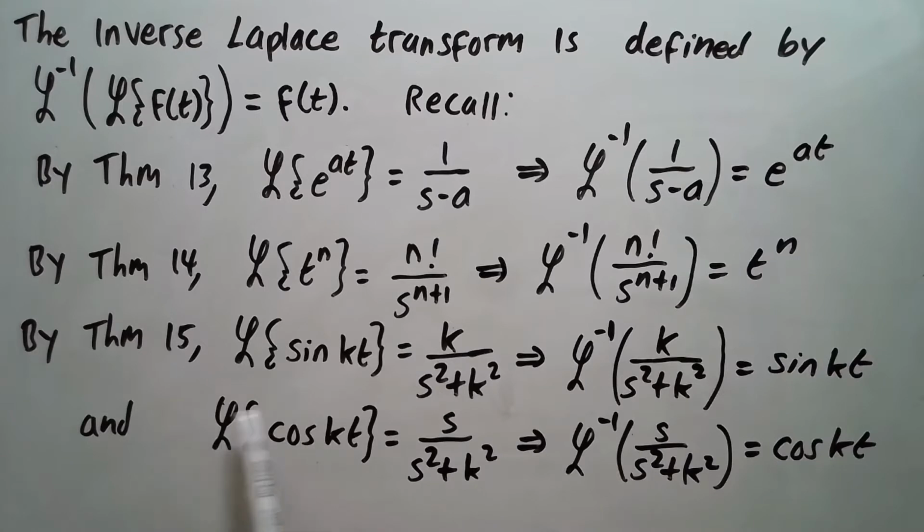So taking Laplace inverse on both sides, we'll have Laplace inverse of s over s squared plus k squared equals cosine of kt. Okay. So now let's take a look at an example using this Laplace transform. So let me erase these things and we'll do our example.